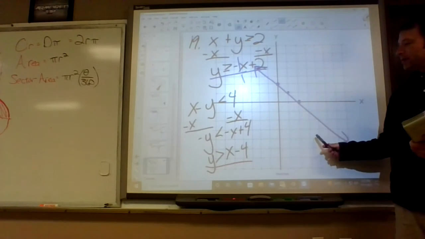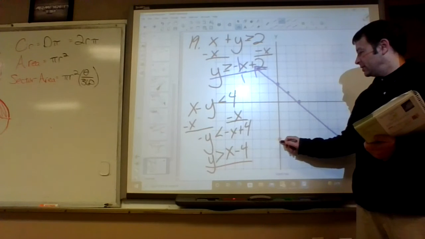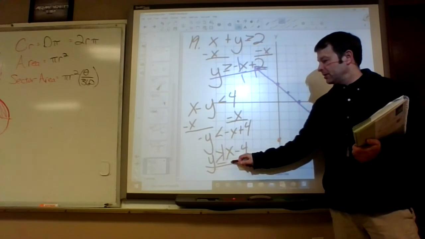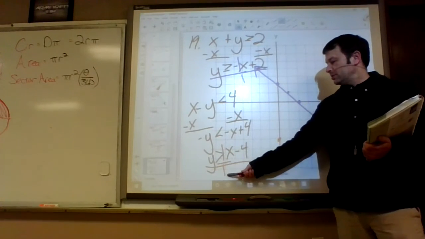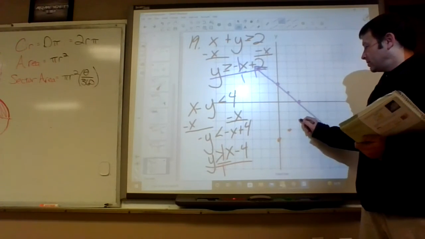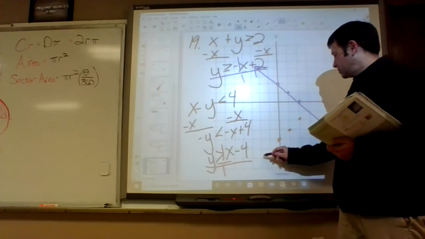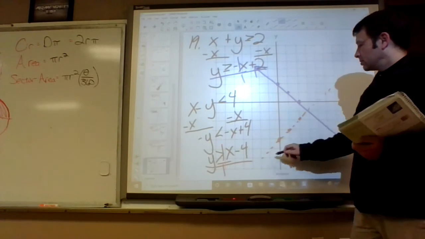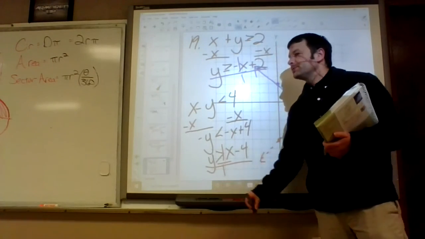Okay, where am I going to start out with this other line? Down 4. And then where am I going to go from there? Up 1, right 1. Is that line going to be solid or dashed? Dashed. Okay, so I got the 4 regions.